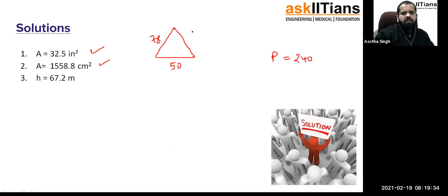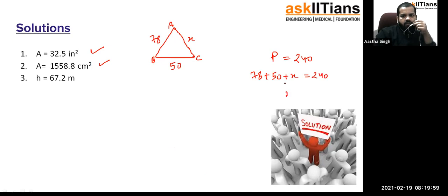What is perimeter? Let's suppose we do not know the third side, and let's suppose this third side is x. In triangle ABC, the third side is x. Perimeter is 240. It means the sum of all three sides is 240. So 78 plus 50 plus x will be equal to 240, right?